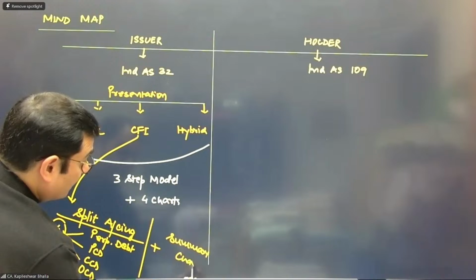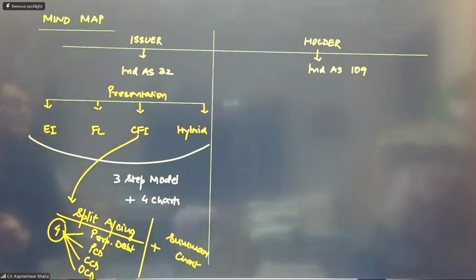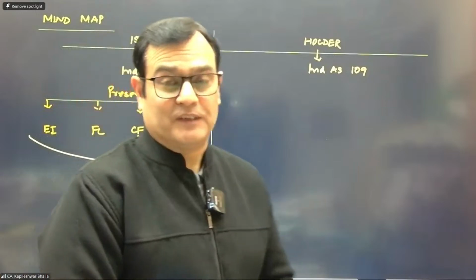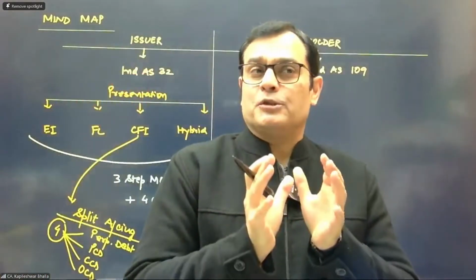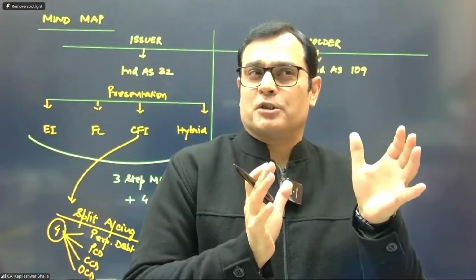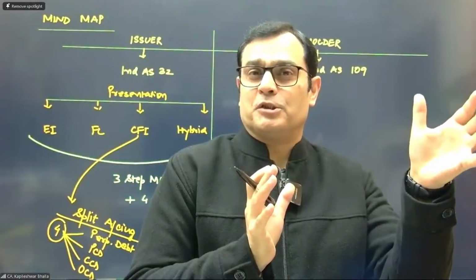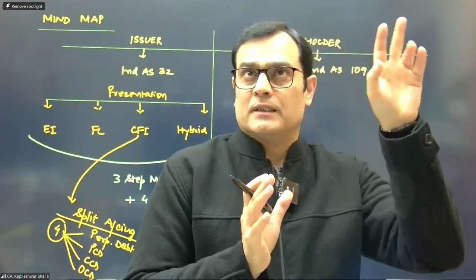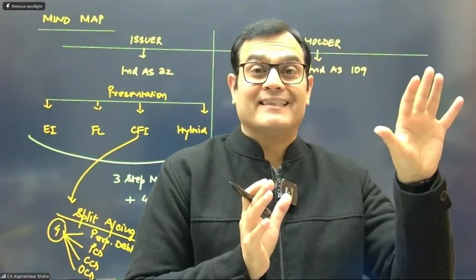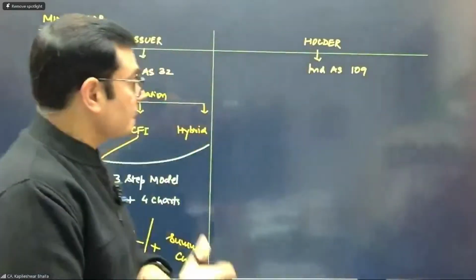On this Sunday morning, I'm just trying to recollect the learning so far, which gives us good strength, so your mind should be very clear. What was there in the chart? What was there in the super summary chart? What are the 4 kinds of instruments? What is the split accounting done, etc.